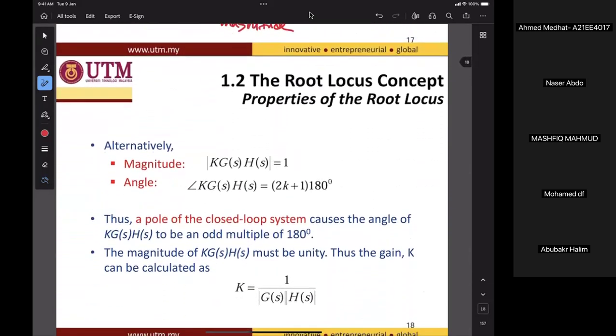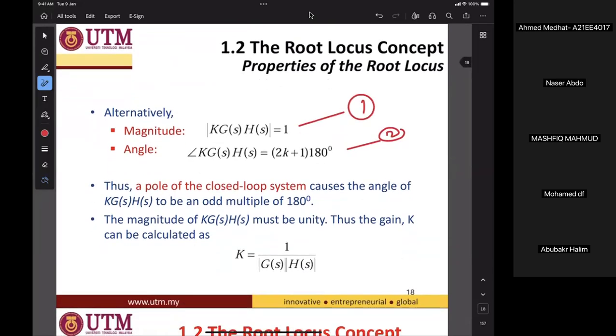Alternatively, we can write it as magnitude modulus KGH is equal to 1. So please remember this formula. And the angle of KGH is equal to (2k plus 1) times 180 degrees, where k is equal to 0, positive and negative 1, positive and negative 2, and so on.